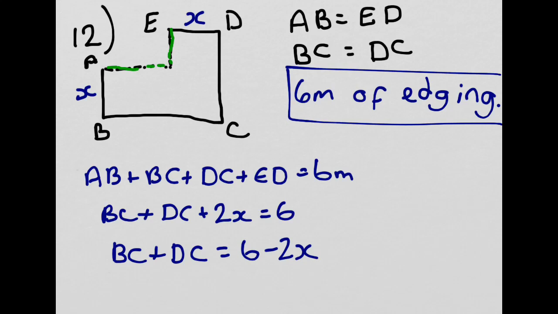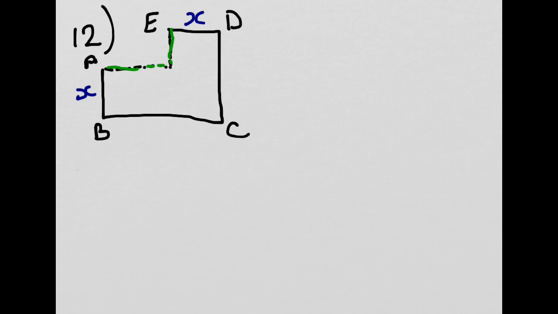Now that's not the answer we're looking for, so how do you think you show that both the sides are 3 minus x? So once you've done part A, and you've shown that these sides are both 3 minus x, we're then asked to find the area.